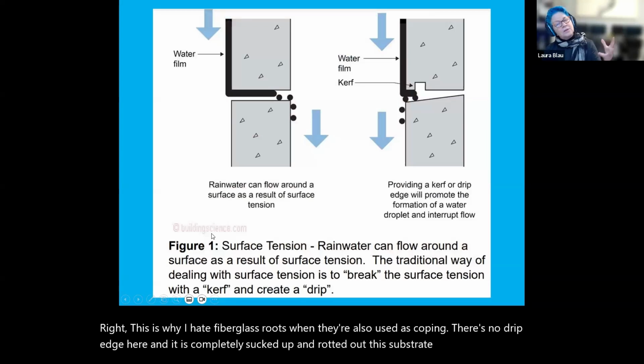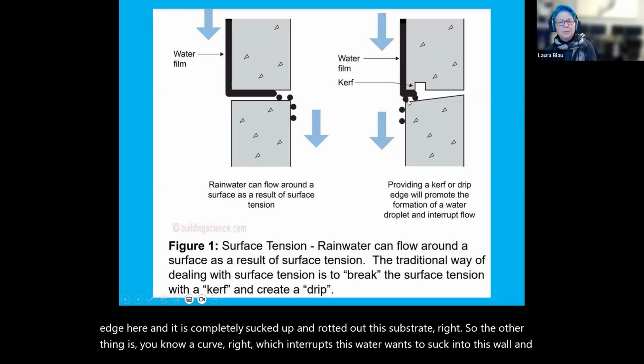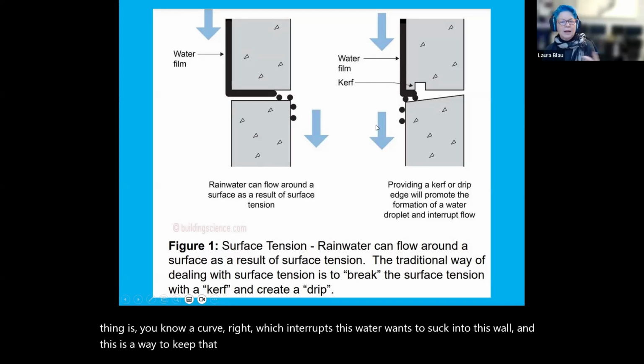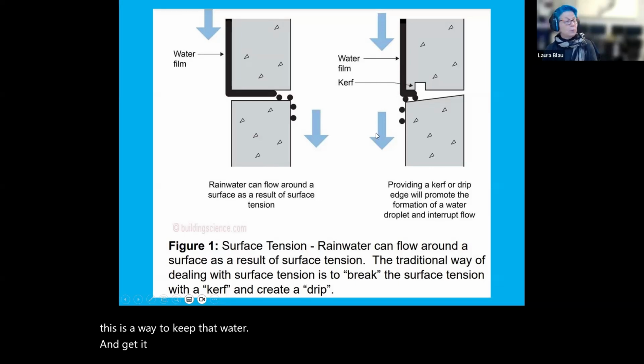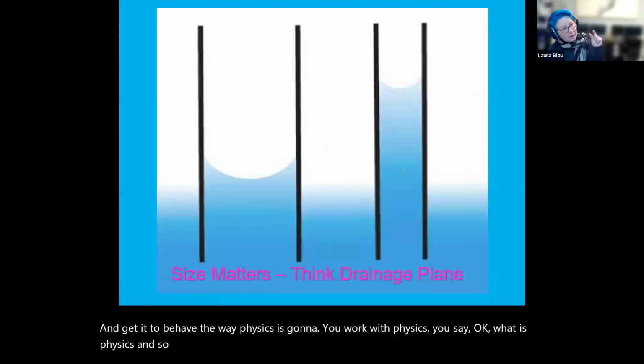So the other thing is a kerf, right, which interrupts this water wanting to suck into this wall, and this is a way to get that water to behave the way physics is going to. You work with physics, you say, okay, what is physics? And so the size of that little space matters, right?